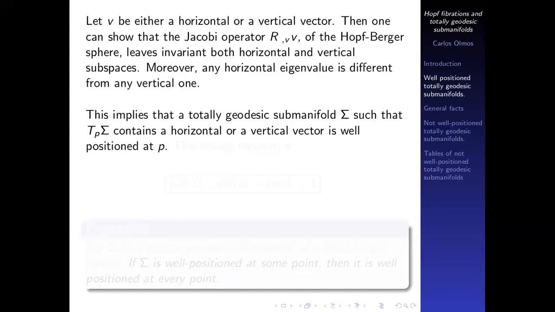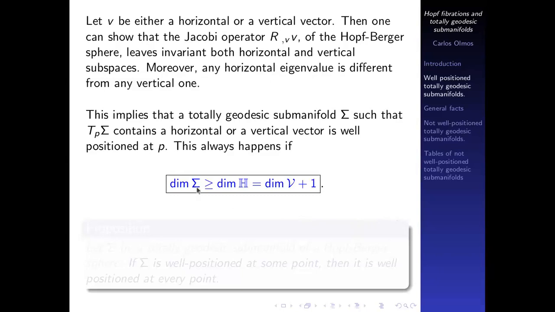Since the fiber has dimension 1, the tangent space of a totally geodesic submanifold of dimension at least 2 intersects the horizontal subspace. So it has a horizontal vector, and having a horizontal vector, it is well-positioned. So in any classical Berger sphere, any totally geodesic submanifold, of course different from a geodesic, has a horizontal vector, and so by what we said before, is well-positioned.